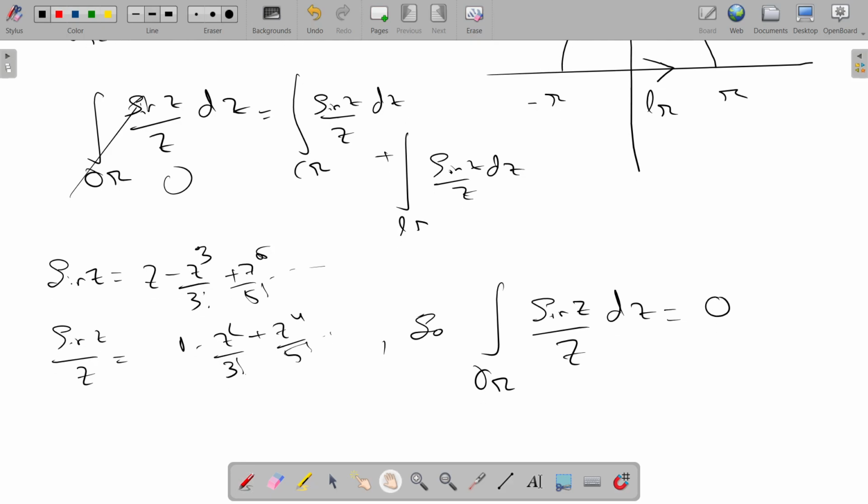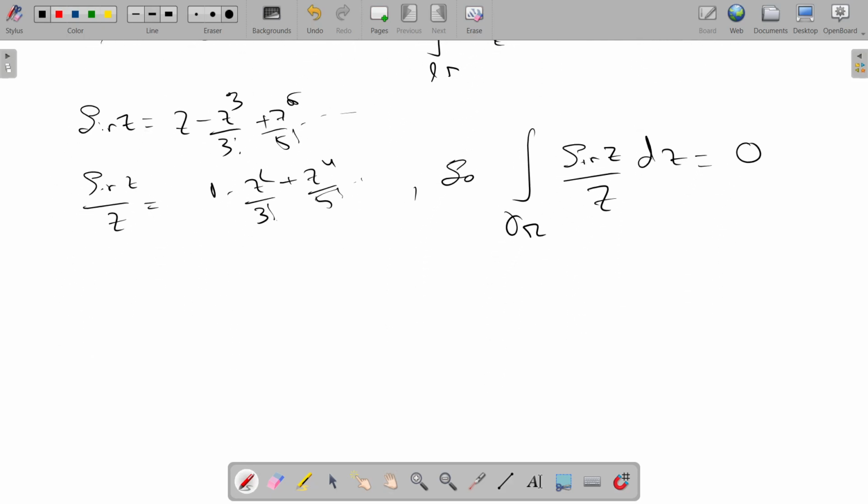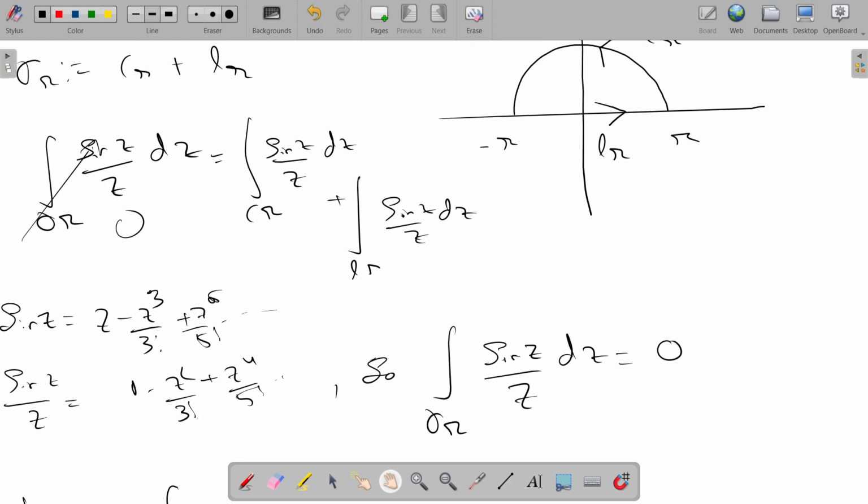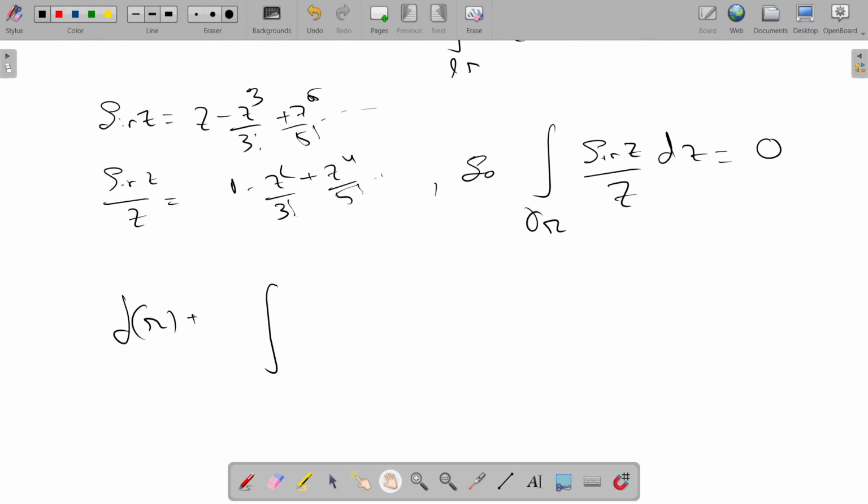So basically what do we have? We have f of r plus the integral over L_R of sin z by z dz equals 0. Now our main goal is to find this.